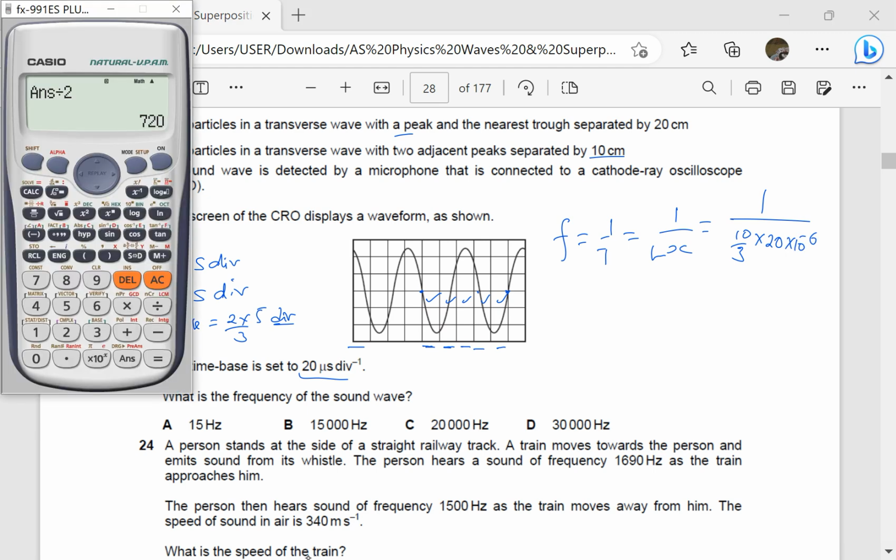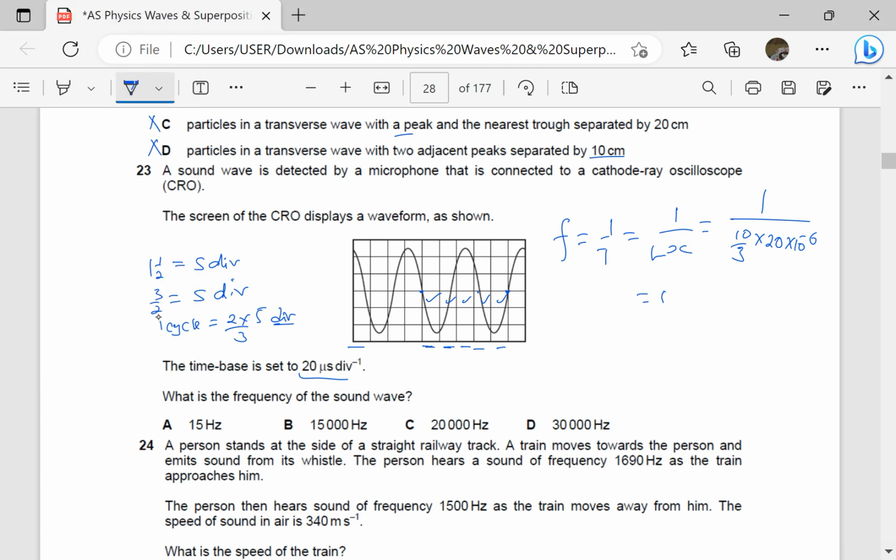So the 3 has gone up. So I'll say 3 divided by 10 times 20 exponent negative 6. So that is going to be 15,000. So the frequency is 15,000. So the answer here is going to be B.